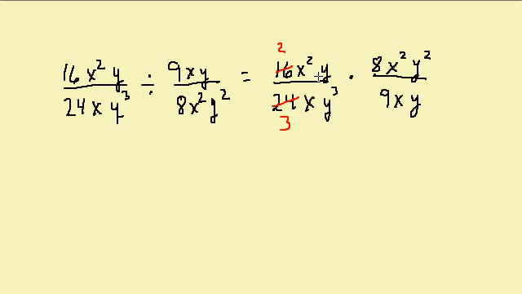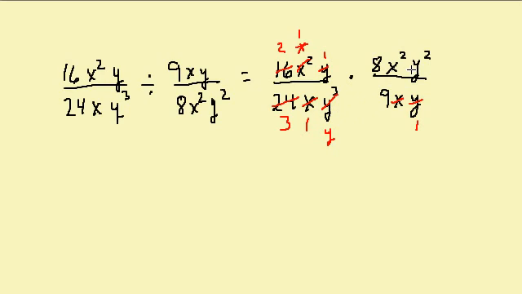Now we can see that x goes into x squared and x. So that cancels. We're left with a 1 and an x. And then this x will cancel with this x, and then the y's, this y and this y cancel, and then y squared will cancel with y cubed.